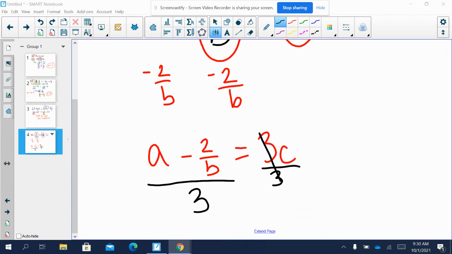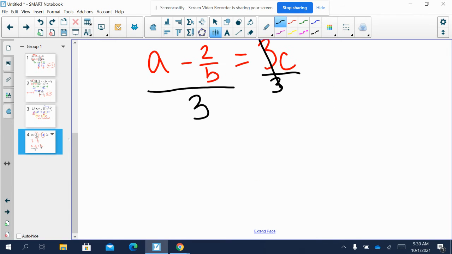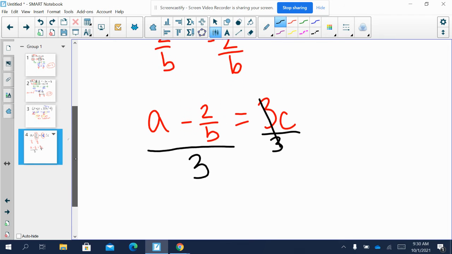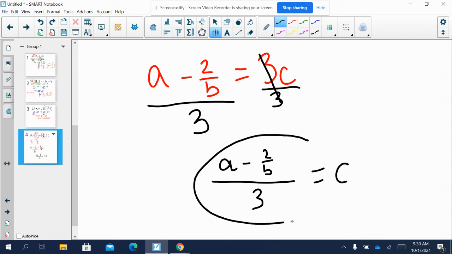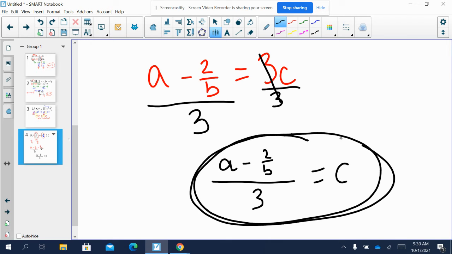In this particular case, we can leave it like this. You could also simplify it a little bit, but I can leave it like this. So our answer is literally A minus 2 over B, all over 3. And that's what C is equal to. If you have that, you'd be getting full credit.